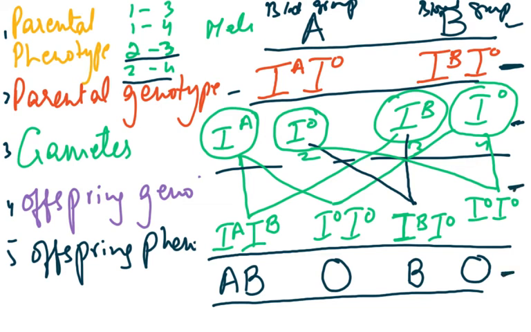Now this shows that this couple has a 25% chance of having either of these blood groups. But if this couple only has 4 children, that is a very small number, and it is probably not going to apply. This couple can have 4 children, all of them having blood group AB. Why?